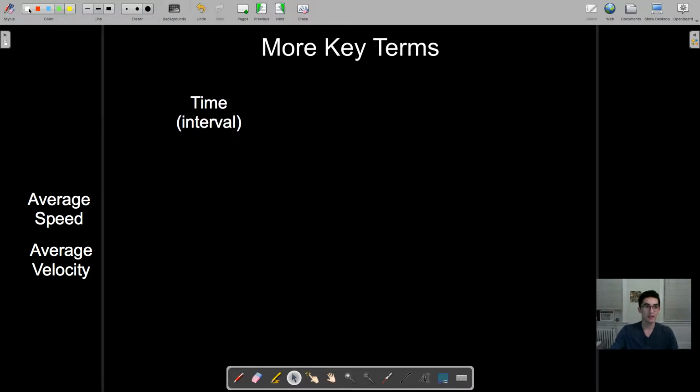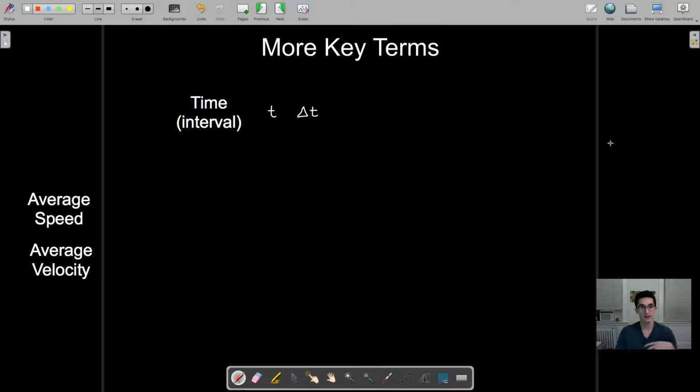We use the letter t to represent time, or sometimes just delta t. A time interval is just some interval of time. It's some period in time. It can be as short as a split second, or it can be as long as infinity, right? But when we talk about intervals of time in physics, and especially kinematics, usually it's going to be measurable on the scale of seconds.